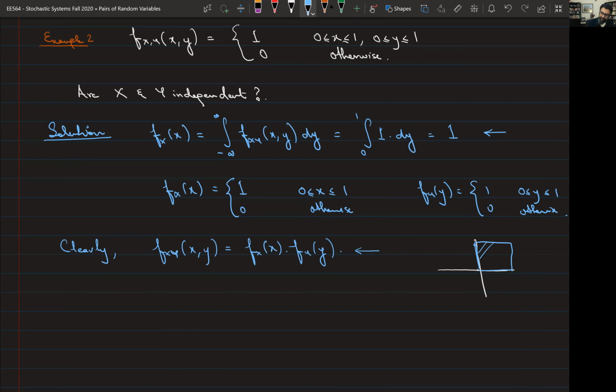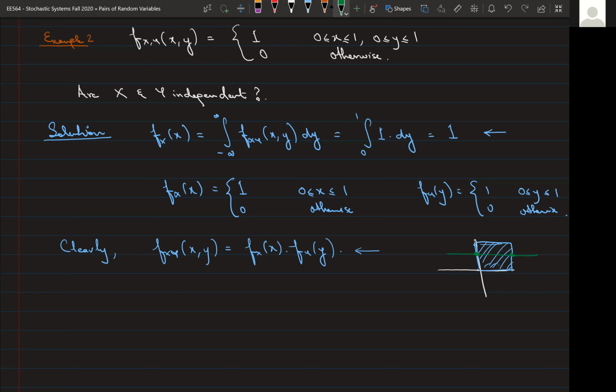If I give you a certain y, and you say I've observed y to be here, it turns out x is still uniform between 0 and 1. No matter what y is, its uniform randomness remains. And therefore, it's independent of y. X is independent of y and vice versa.